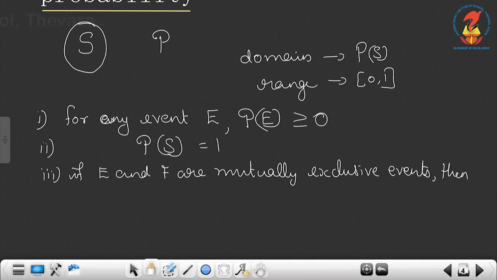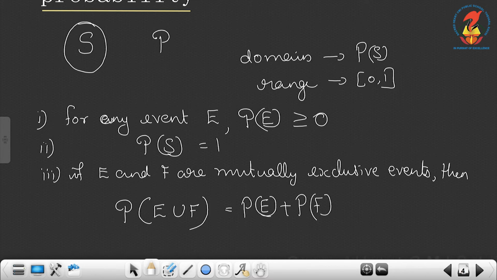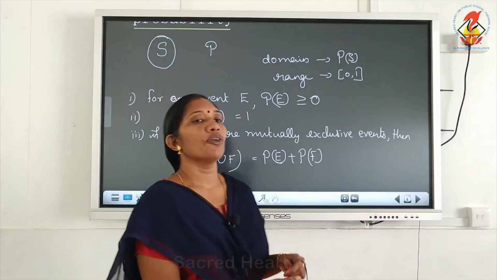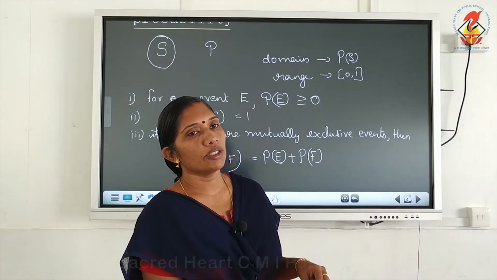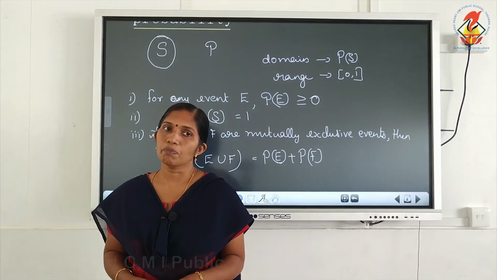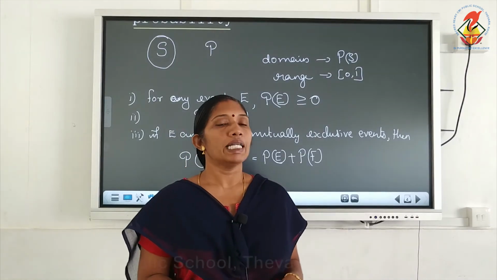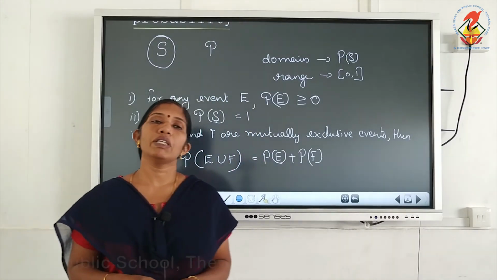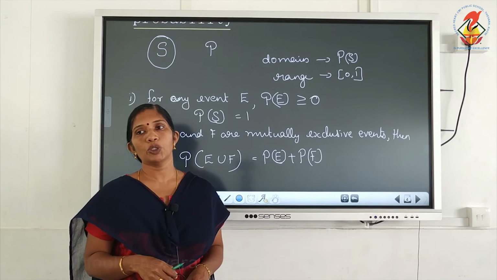So if E and F are mutually exclusive events, then P of E union F is equal to P of E plus P of F. Okay, so these are the 3 axioms. What are the axioms? For any event E, the probability of E must be greater than or equal to 0. For the sample space S, P of S is equal to 1.